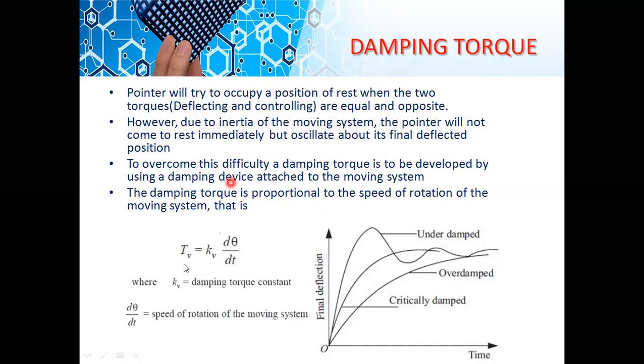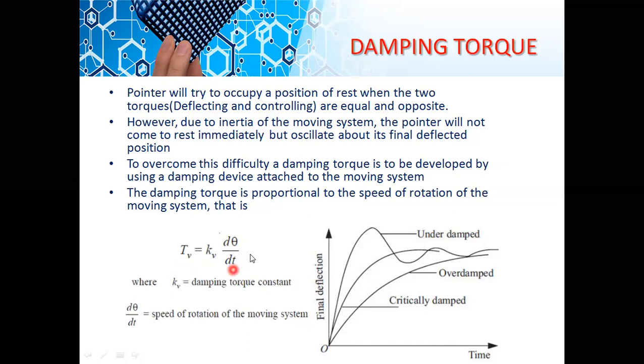So we say that the damping torque is proportional to the rate of change of deflection, d theta by dt, which we call the speed of rotation. So d theta by dt is the speed of rotation of the moving system.